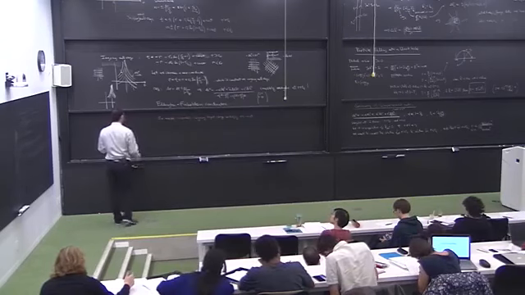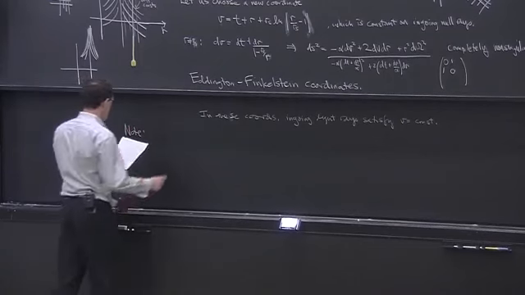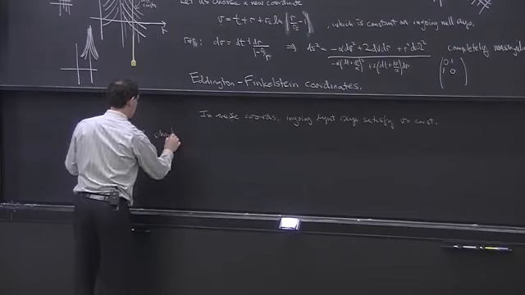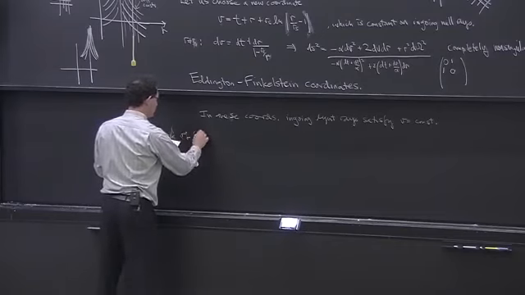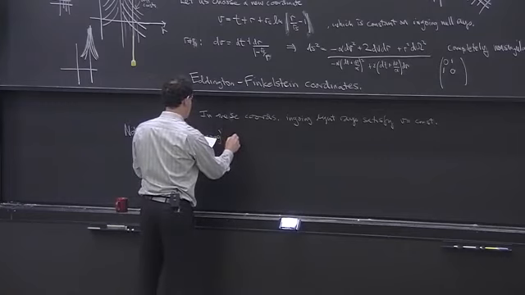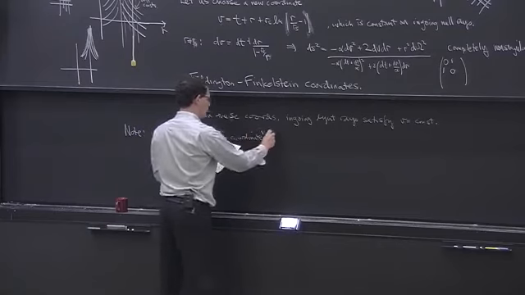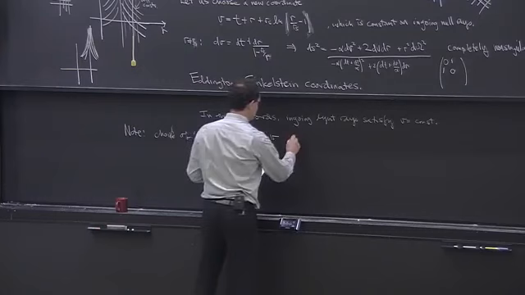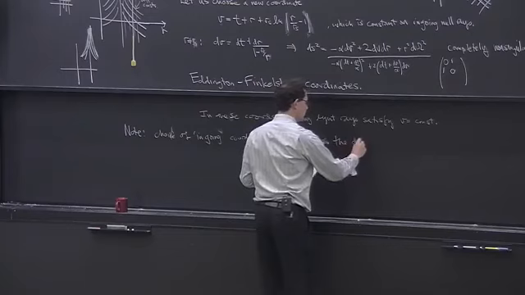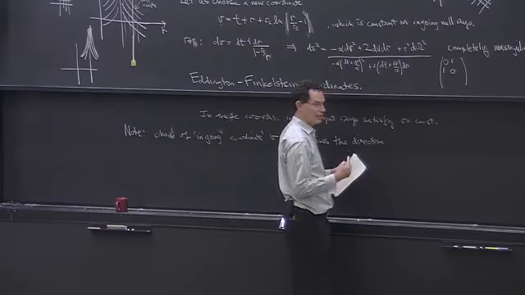Now, note, and this is where things start to get a little worrying about Eddington-Finkelstein coordinates: the choice of ingoing coordinate v determines the direction of time. See, we could have chosen outgoing, but we chose ingoing.